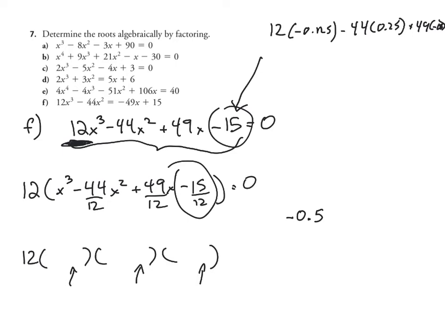You'll need your calculator for that. So I know that negative 0.5, so that's negative 1/2, and then the other two are going to have to multiply to give negative 15 over 6. So those will be interesting numbers to find out. Let me try negative 5/3, or let me try positive 5/3.